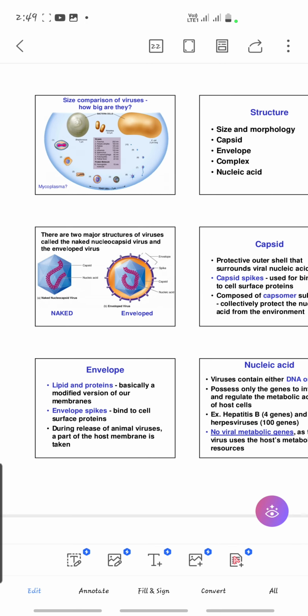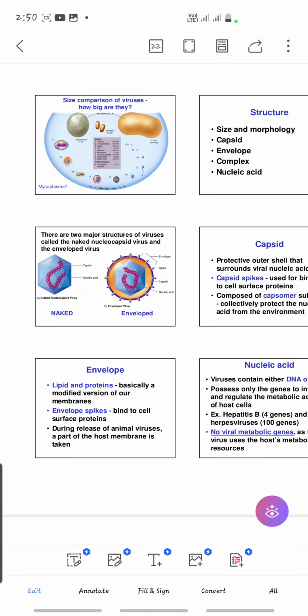What surrounds the envelope is called a lipid protein. This lipid protein is basically a modified version of our cell membrane. As we all know, the cell membrane is composed of fats or lipids. It is composed of hydrophobic and hydrophilic parts, or the water-fearing and the water-loving. Not only that, if the capsid spikes have their own binding cell surface protein, the envelope has its own binding cell surface protein, and that is called envelope spikes.